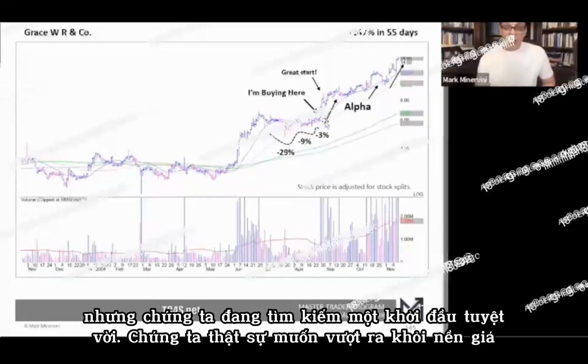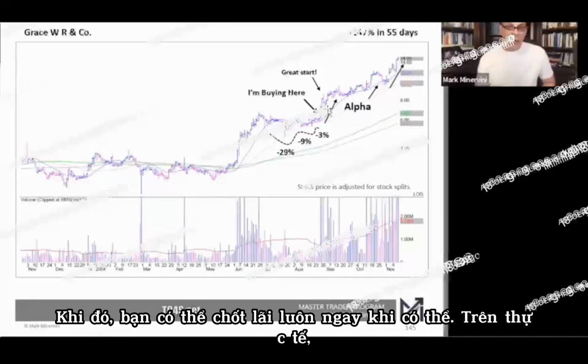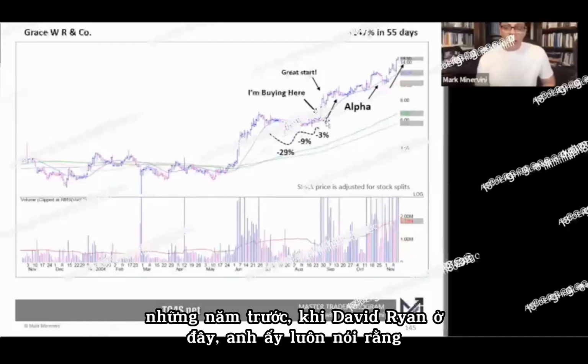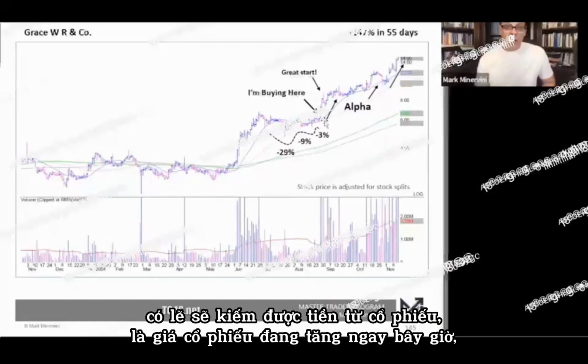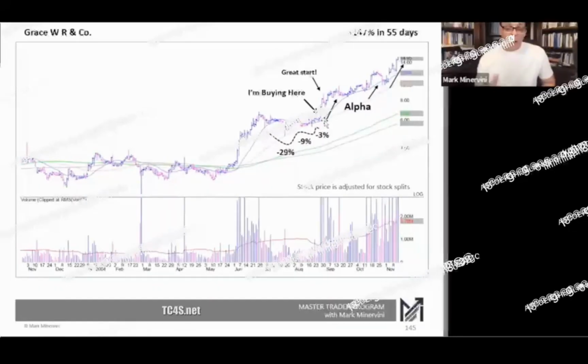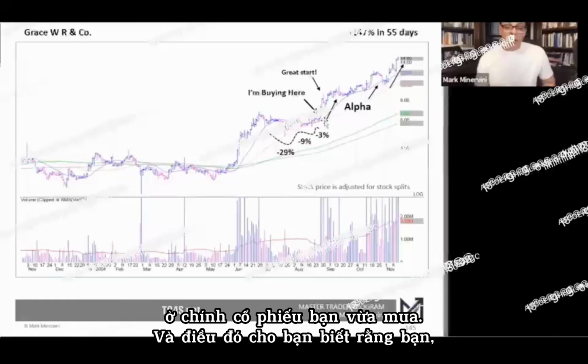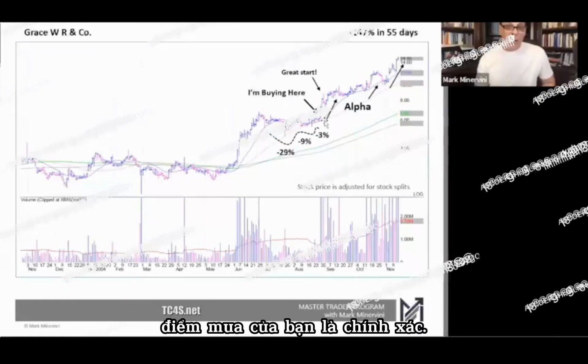We really want to get out of the gate and get at a profit as soon as possible. When David Ryan was here in previous years, he always used to say that's the number one thing that lets me know I'm on the right track and I'm probably going to make money in the stock: that I'm up right away on the position. That tells you that you timed it correctly.